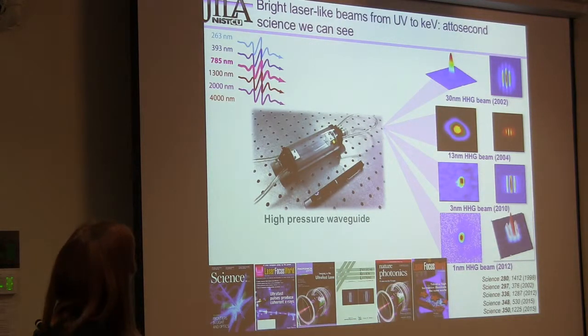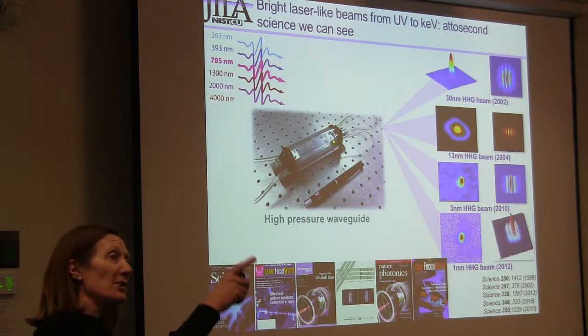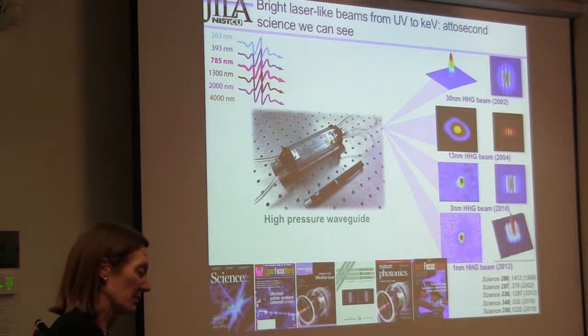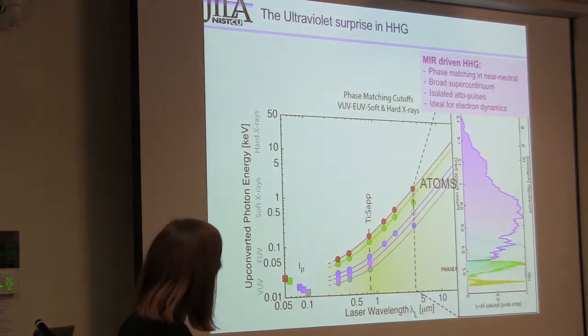Okay, so we wanted to just confirm that we understood everything and fill in the experimental validation at shorter wavelengths. And so this was the predictions, and this was our initial measurements.